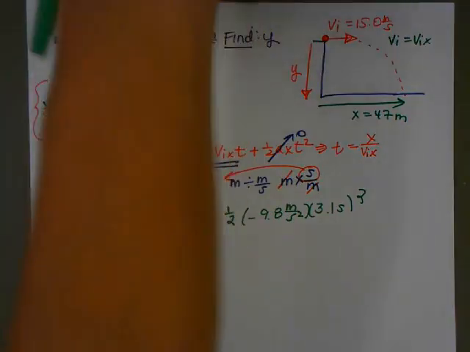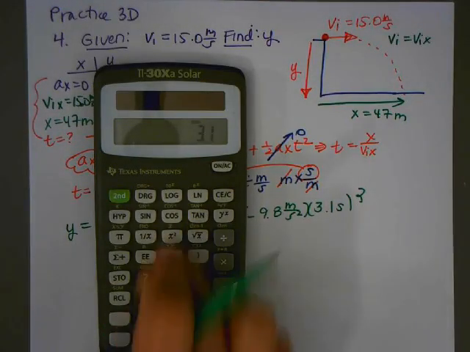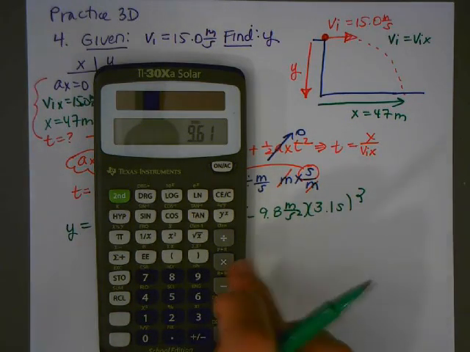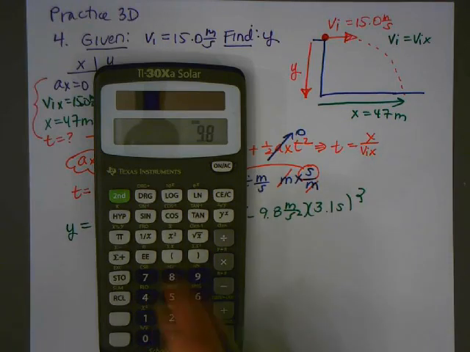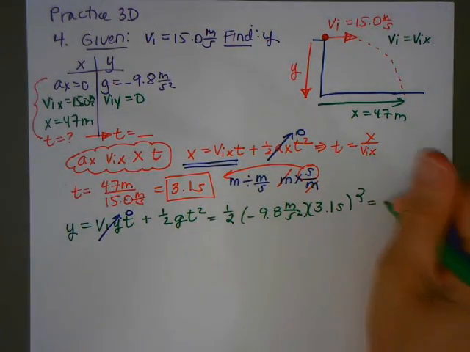So if I do that on my calculator, 3.1 squared times 9.8, the negative, divided by 2 equals negative 47 meters. So the question is, why am I getting a negative value?